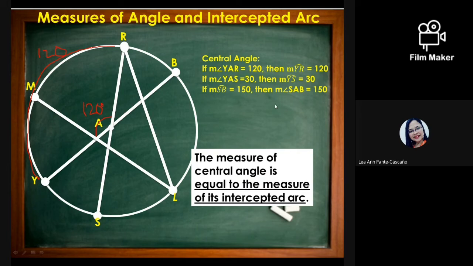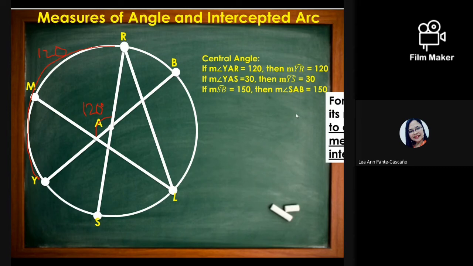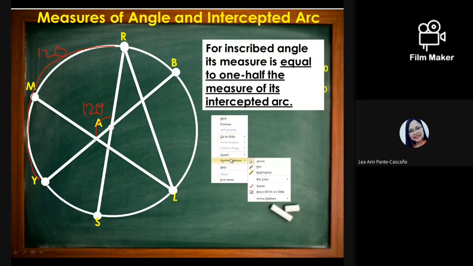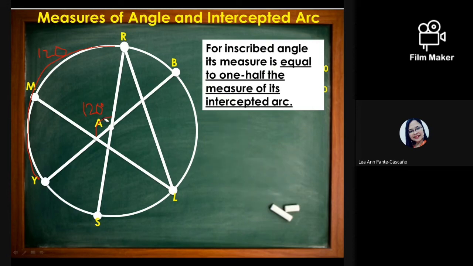So, equal lang siya. Equal yung measure ng angle at equal din yung measure ng ating arc. That is only for central angle. What if we have inscribed angle? Paano naman daw po kung ang ating angle is inscribed?